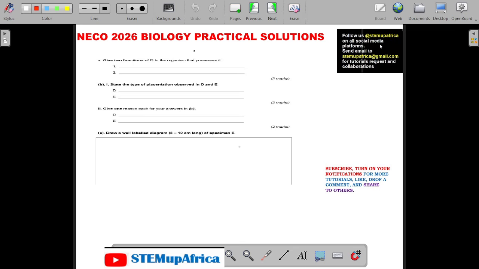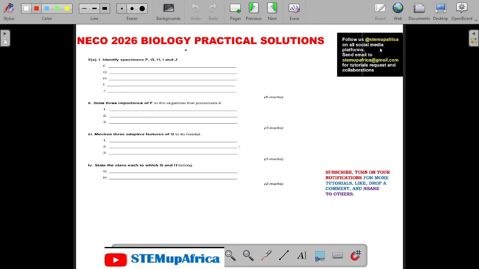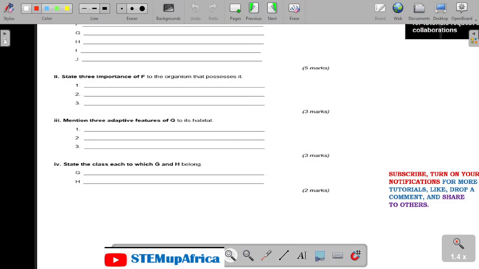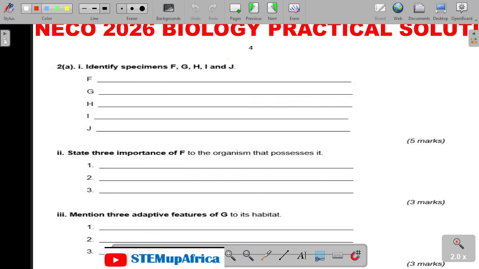So let's go to question 2. Look at what we have here. It says identify specimen F, G, H, I, and J. For specimen F, we have the quill feather. For specimen G, you have the agama lizard.